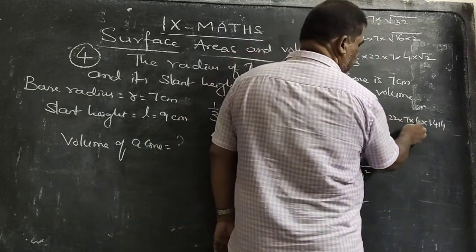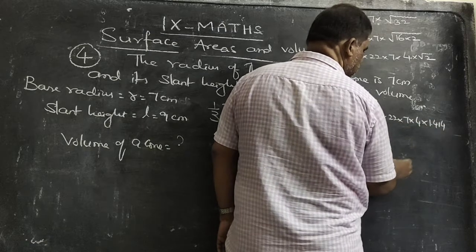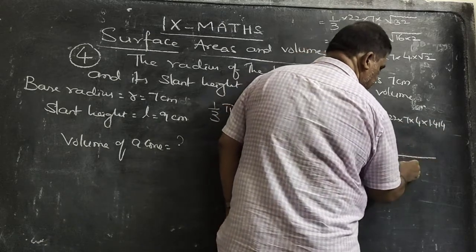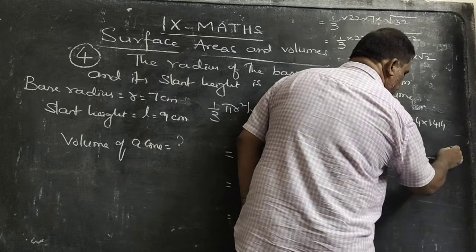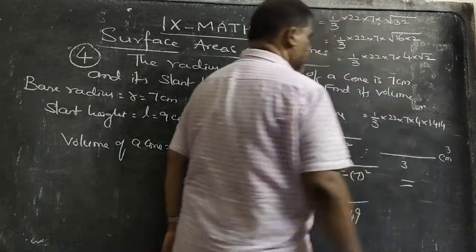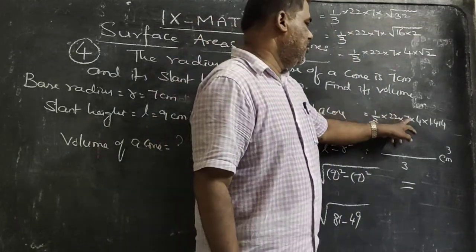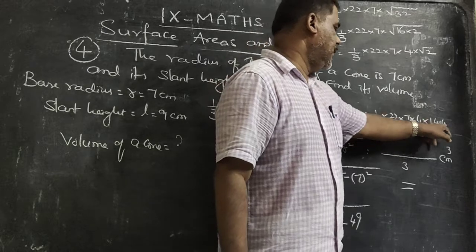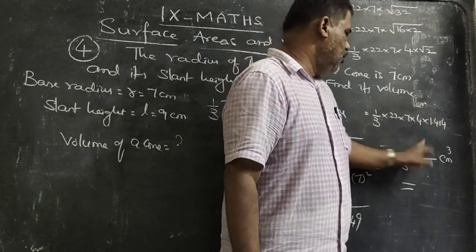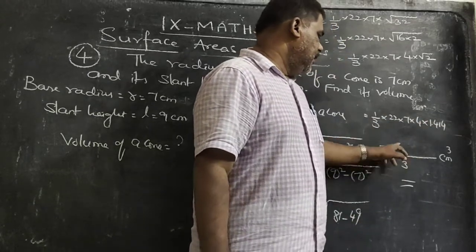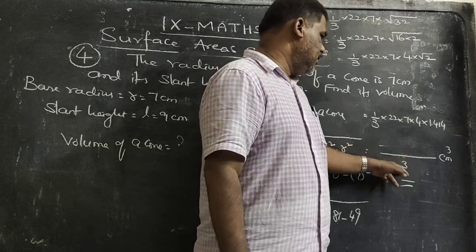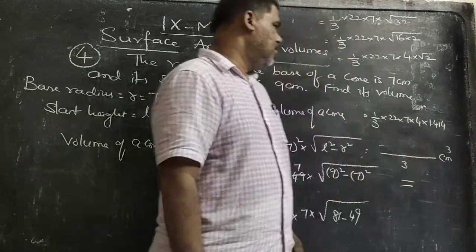So you multiply these four numbers and divide by 3. Like this only you keep the answer, that is the volume. Multiply 22 into 7 into 4 into 1.414, you will get the numerator value by 3. You keep this answer as a fraction only, so that is the required volume.